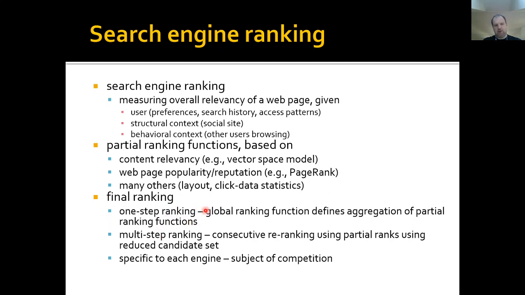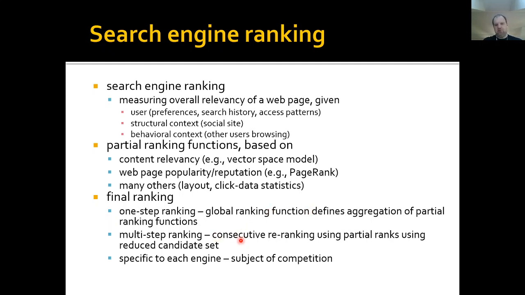In the one step, it's the classical approach. We have some global ranking function, aggregation function, that takes all of the rankings and transforms the partial scores into global scores, and that's it. That's providing the final ranking.